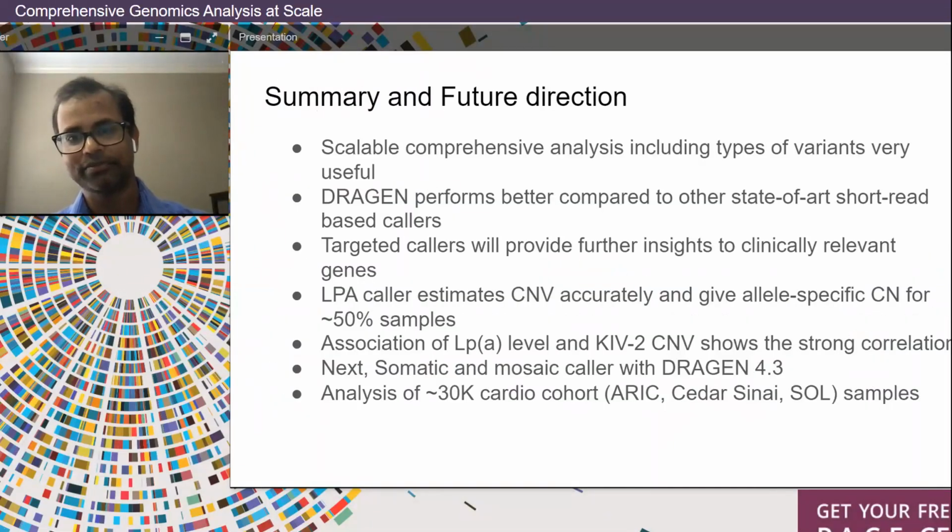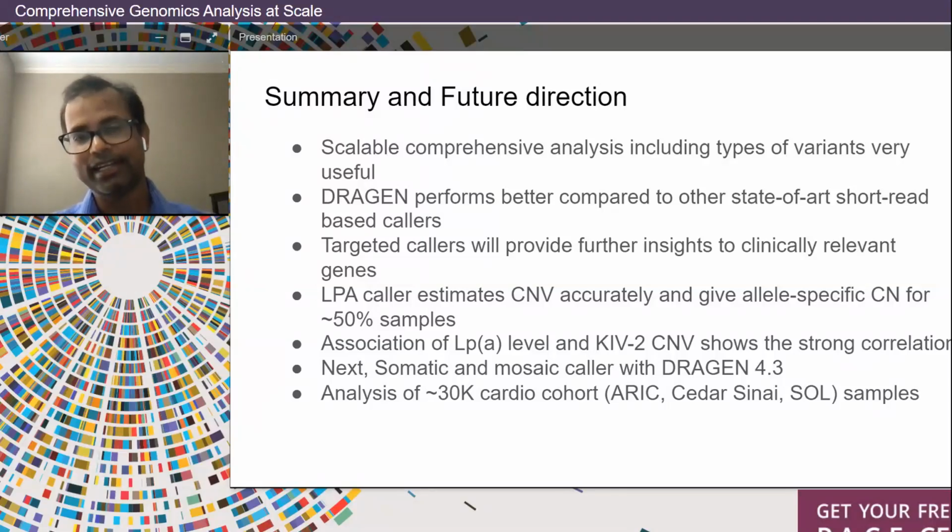So to summarize my talk, we showed that a scalable, comprehensive analysis, including different types of variants, is very, very useful. And this is also a way to push genomics forward. And DRAGEN performs better compared to other state-of-the-art short-read-based callers, for the SNVs, SVs, STRs, as well as CNVs.